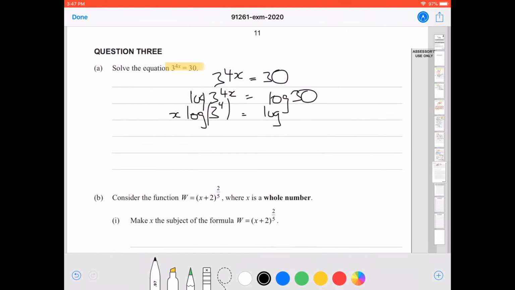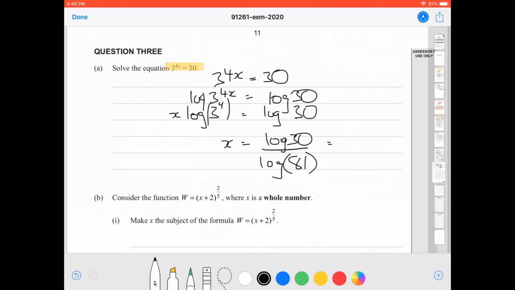You can split up the 4x in that way. And here we can say x equals log 30 over log, and we can simplify 3 to the power of 4 into 81, that is.